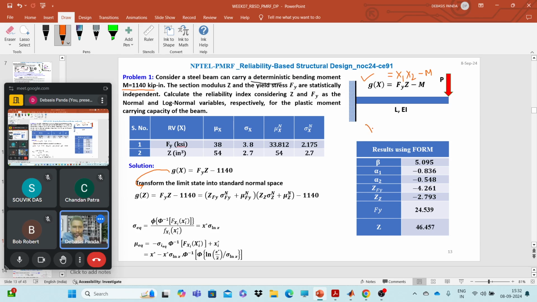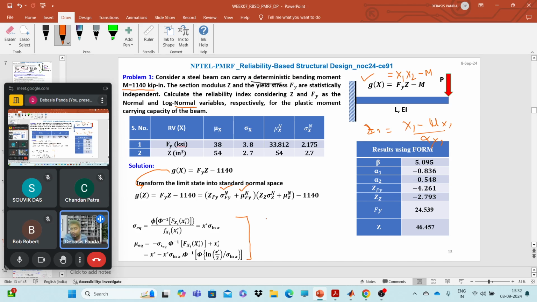Z1 is equal to x1 minus mu x1 divided by sigma x1. We have already solved different kinds of problems using this formula. Here we have one log normal variable, Fy, so for Fy these are the equivalent normalization. We have already seen how to convert the log normal to an equivalent normal random variable.